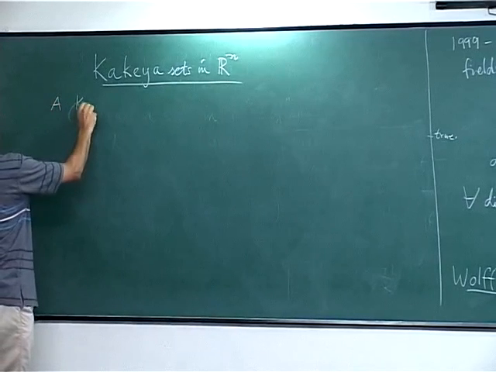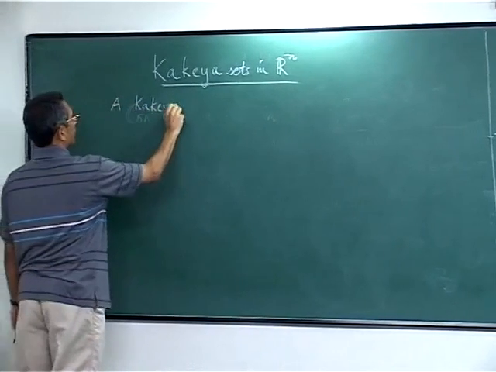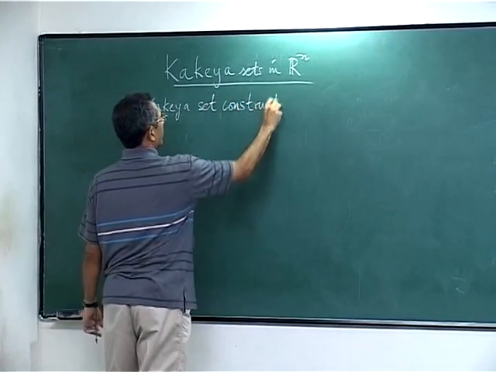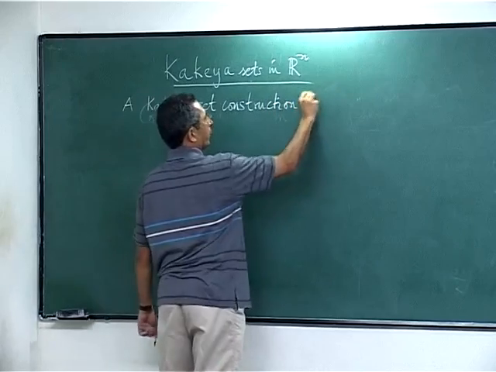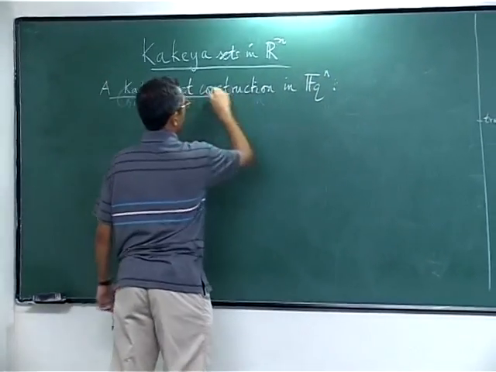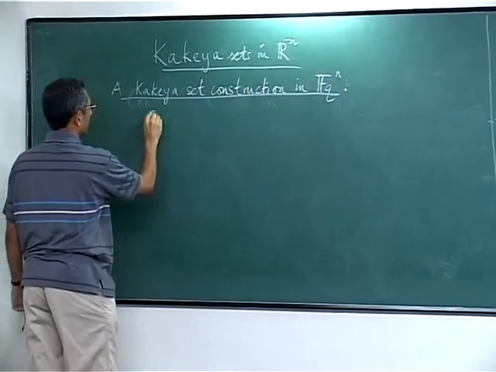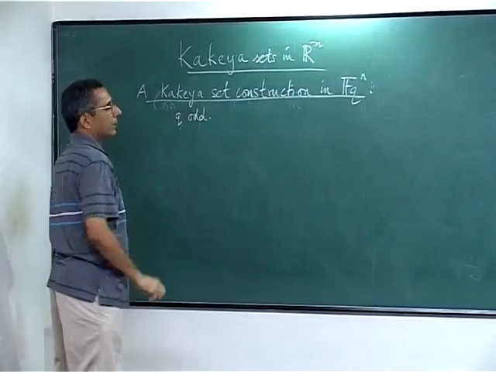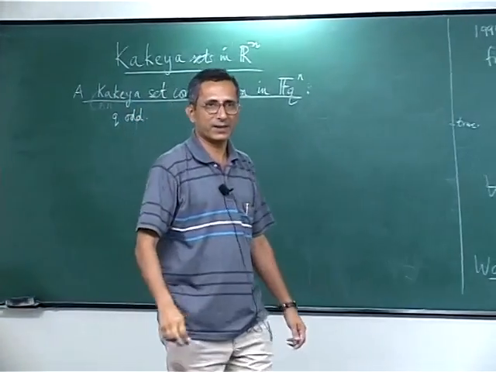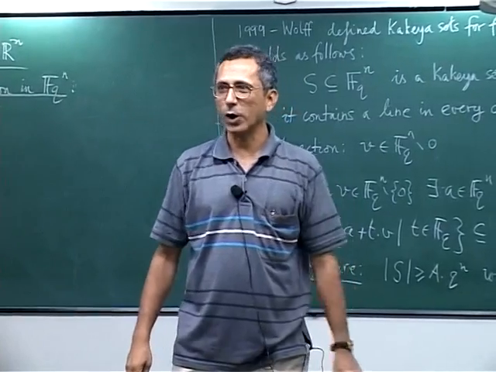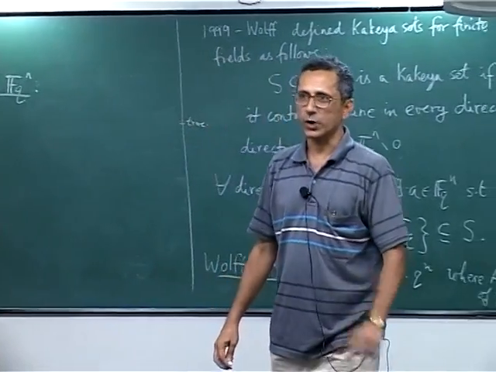Kakeya set construction in F_q^n. I'm going to discuss the case only when q is odd. The characteristic of the finite field is an odd prime. So q is not a power of 2.